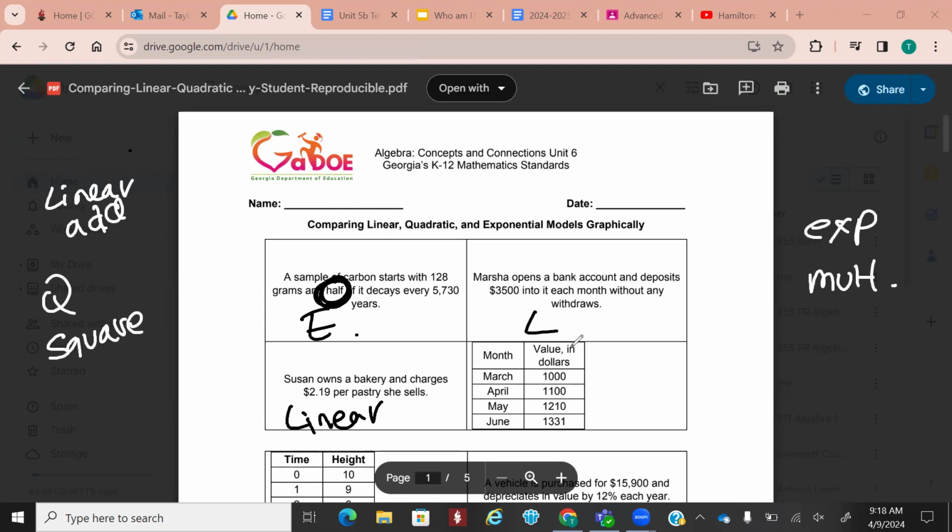Okay. This next one gives us a table. So I would find the first difference. And then find the second difference because they're not the same. The second difference is the same. So which one is it? Linear, quadratic, or exponential? Quadratic.